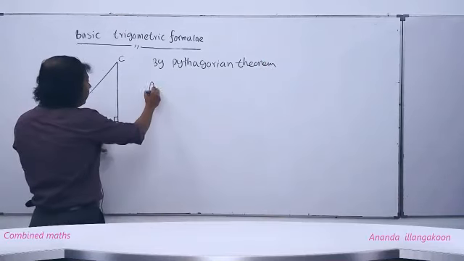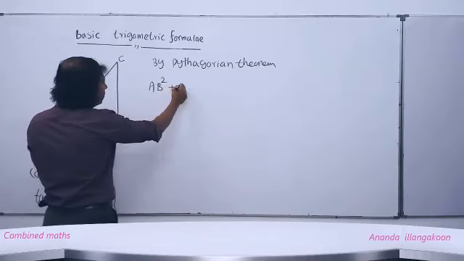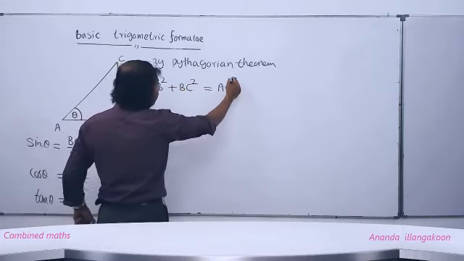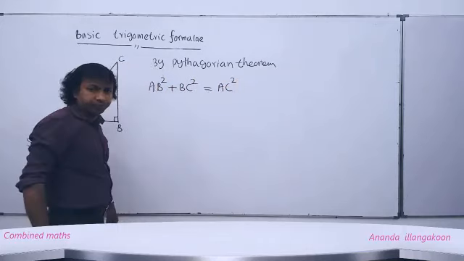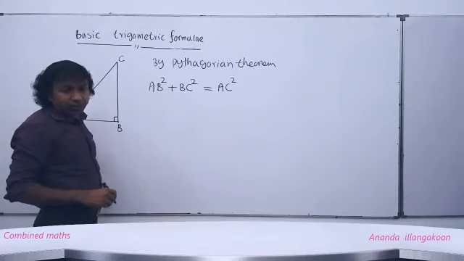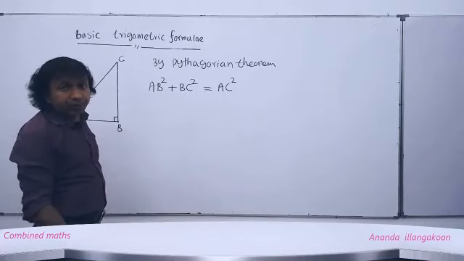AB squared plus BC squared is equal to AC squared. Right? Now people, both sides of this equation I am going to divide by AC squared.